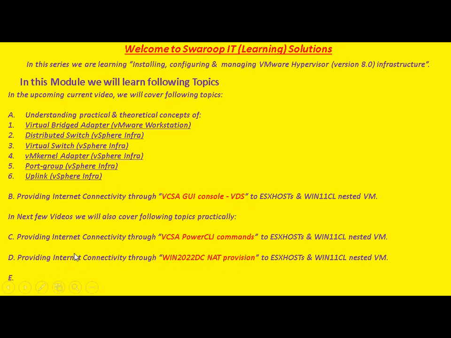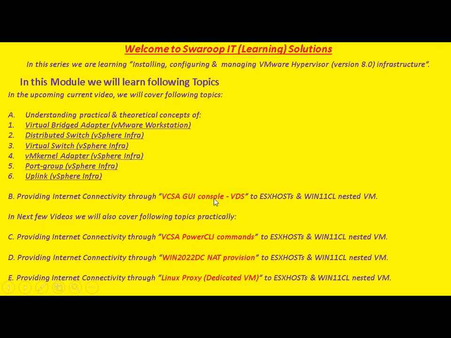And the last option, with the same objective of providing internet connectivity, is through a Linux proxy, a dedicated new virtual machine which can be used as a router gateway or as an internet proxy between your ESX host, Windows 11 CL and your physical host. So the objective is the same for all 4 options, providing internet connectivity to the ESX host, but the ways are different.